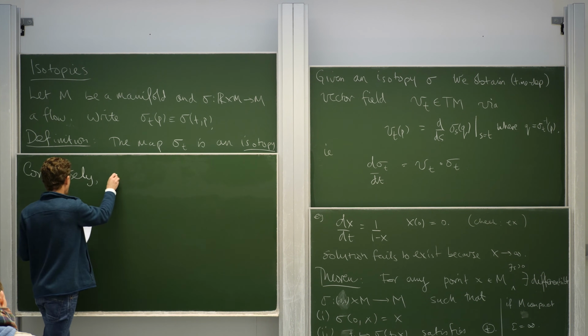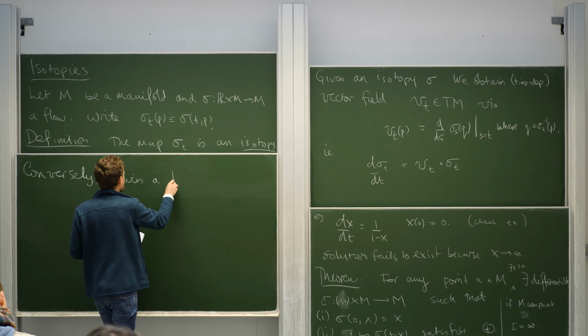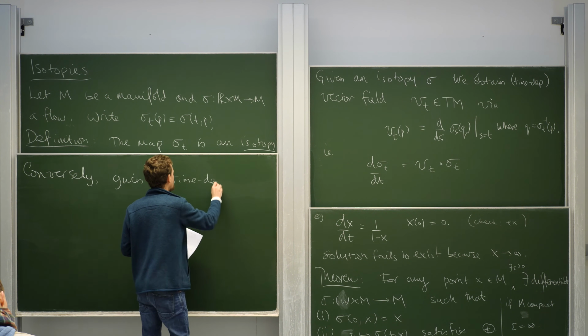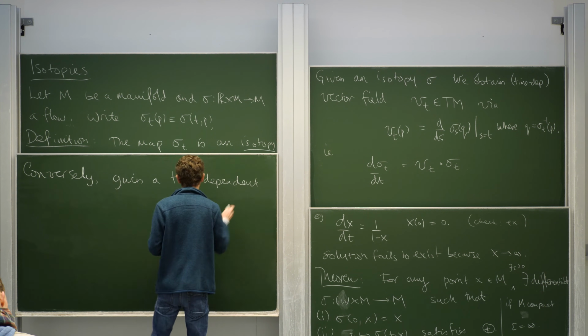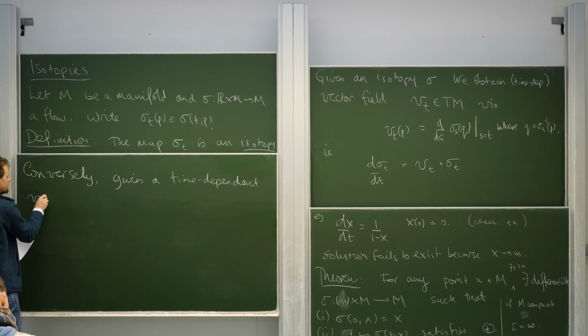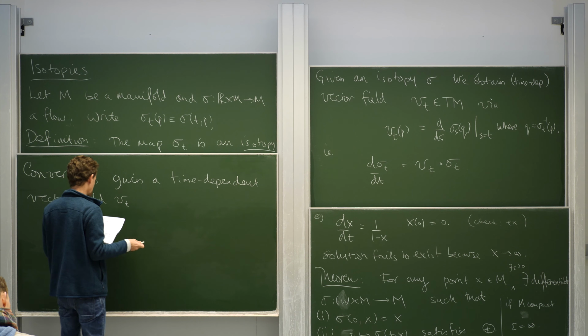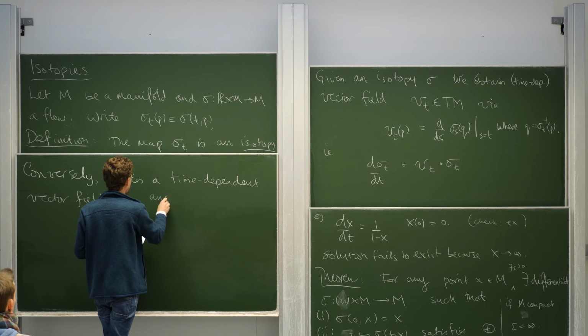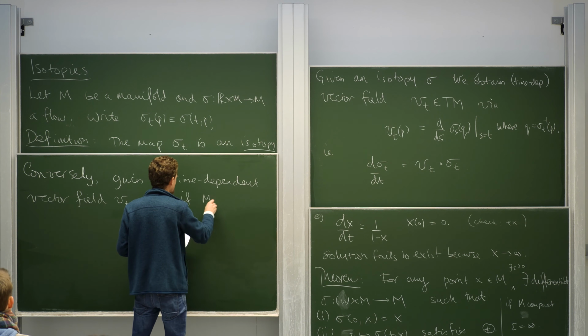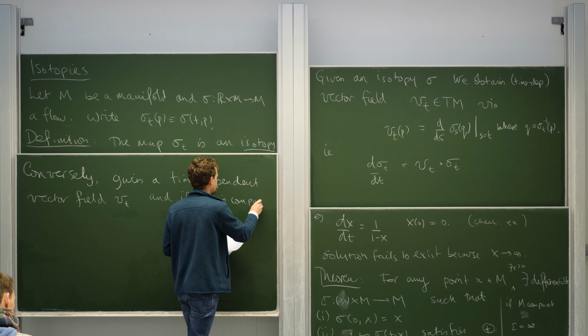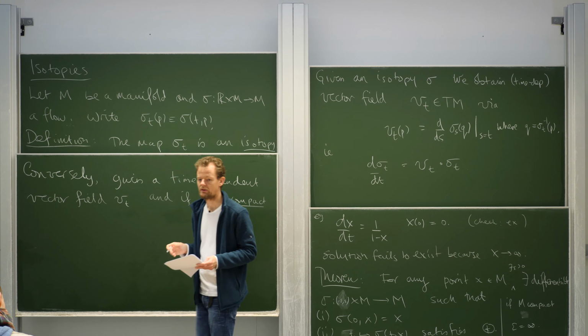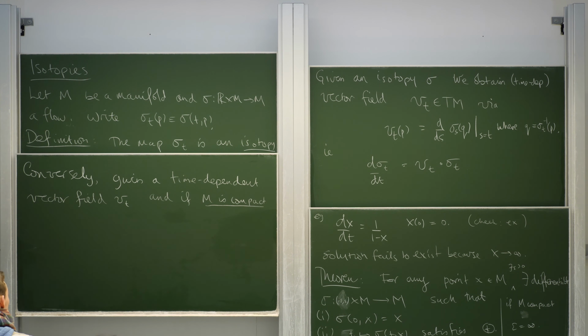Conversely, given a time-dependent vector field V, depending on time, and now I'll say it clearly, if M is compact, the kicked pendulum is a reasonable example. Kind of half example because the configuration space is compact, but the tangent bundle to the circle is not.